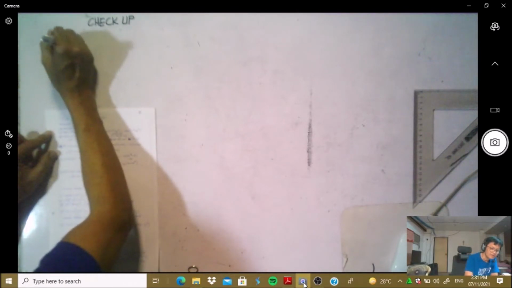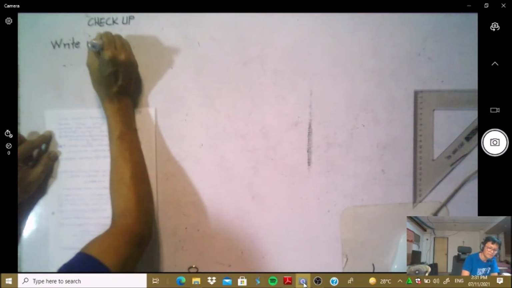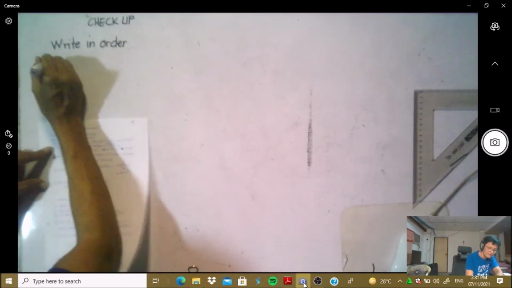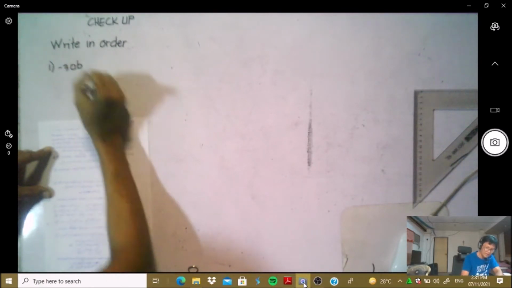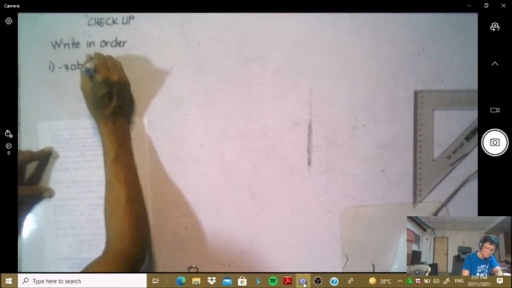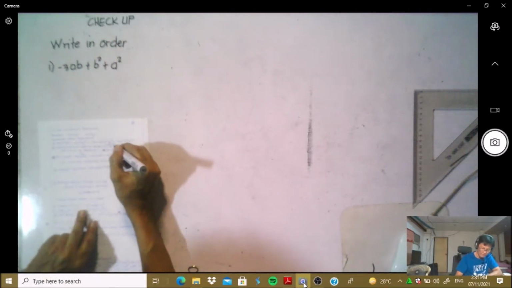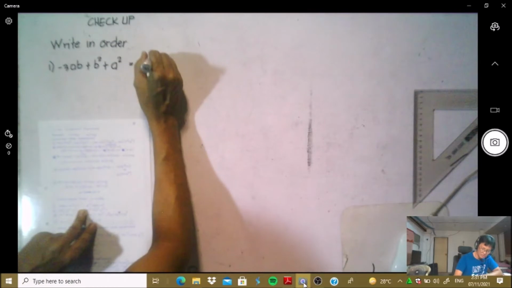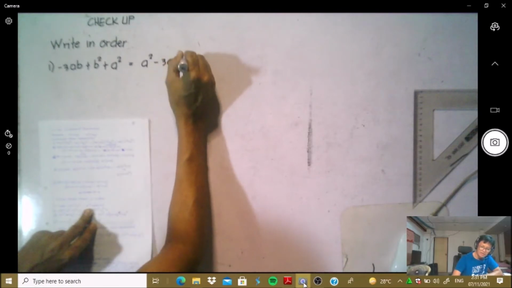Okay, so we are asked to write these terms in order. Number 1: we have negative 3ab plus b squared plus a squared, and therefore we have to get first a squared, so we have a squared minus 3ab plus b squared.